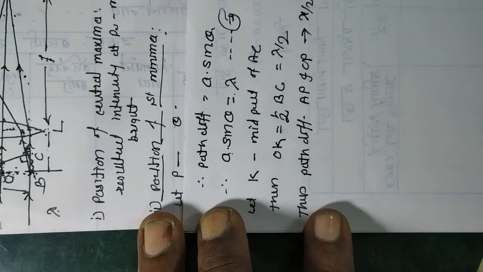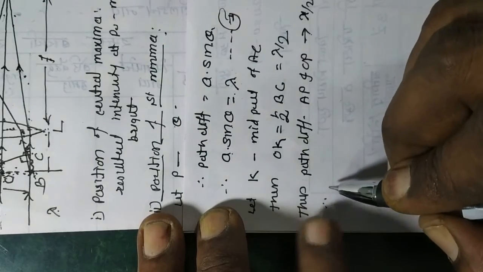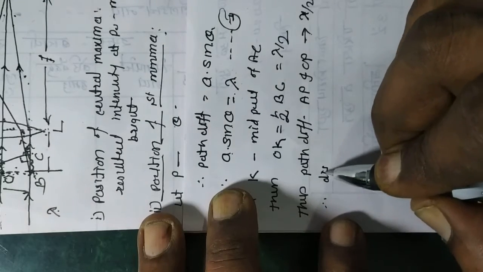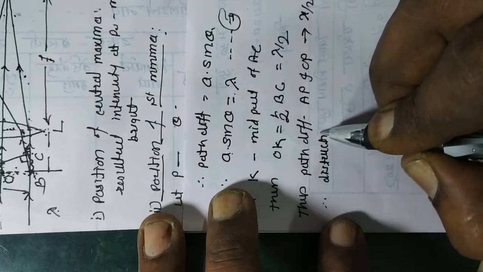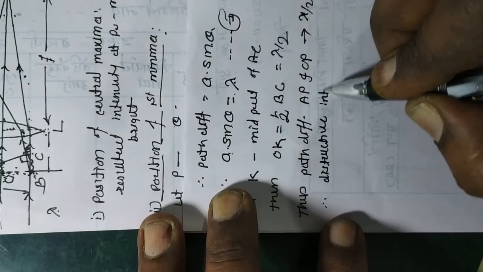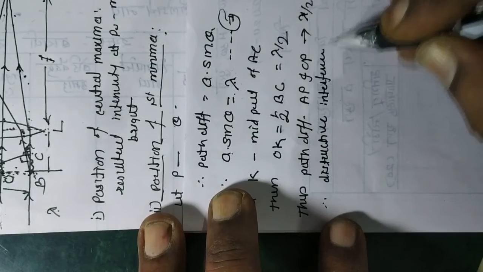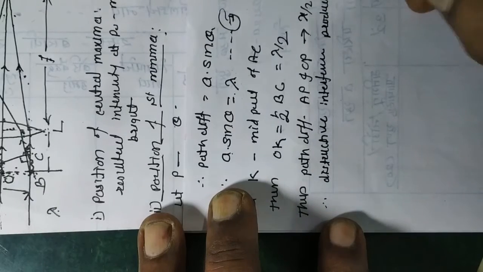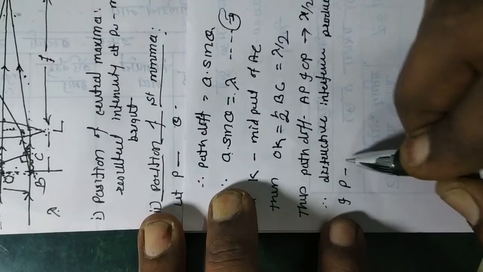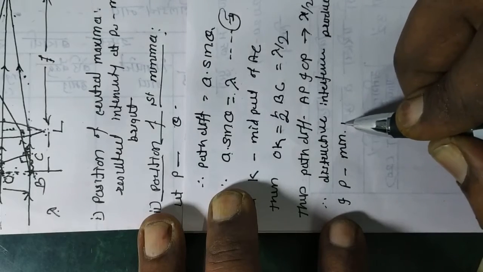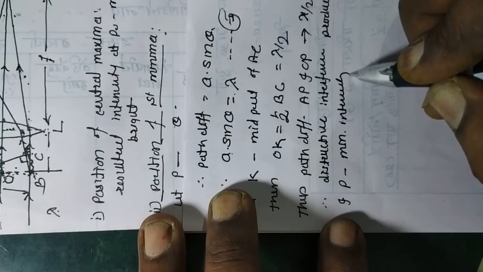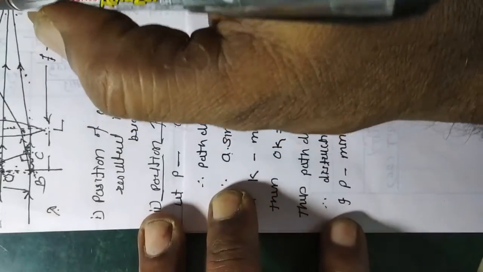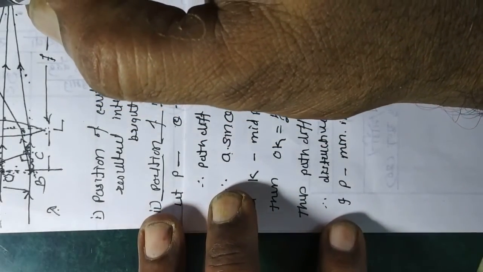As a result, these two waves produce destructive interference at P, and point P is of minimum intensity, called the position of first minima.